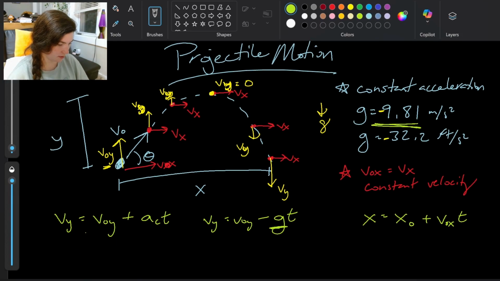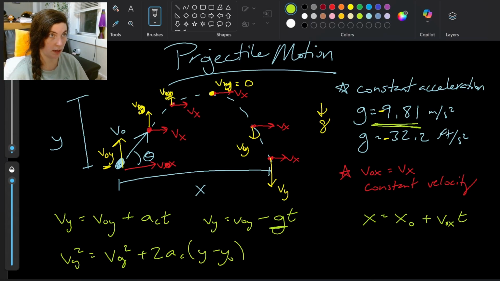We also have Vy squared equals v naught y squared plus 2 a_c, again that stands for constant acceleration, times y minus y naught. That's our y velocity at a given point squared equals the initial y velocity squared plus 2 times acceleration times change in height. That's our y minus y naught is change in height.